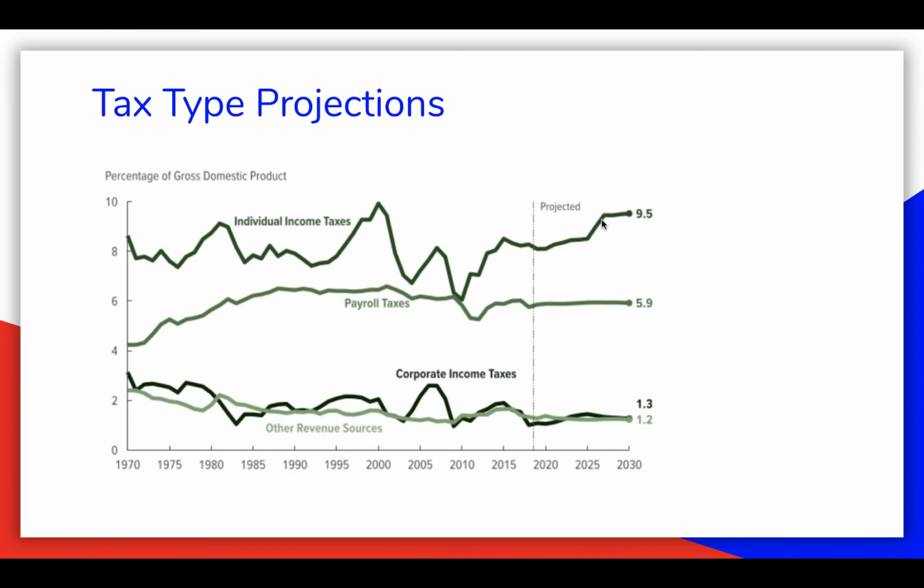This is because many of the individual income tax cuts from that 2017 tax bill will expire in 2025. You see how right in 2025 it bumps back up again, which is why you see the increase starting there. Keep in mind, though, again, that these projections were made before COVID hit. So again, they might be a little bit different now.